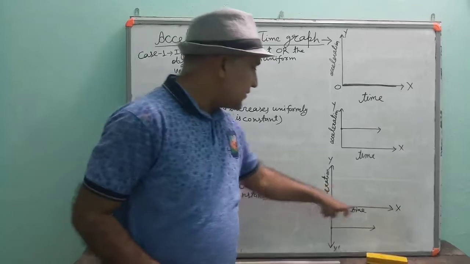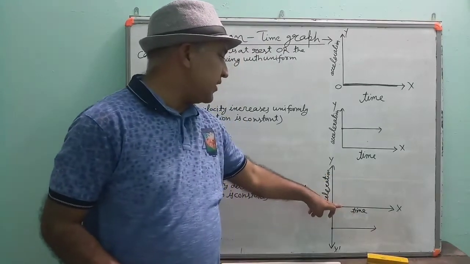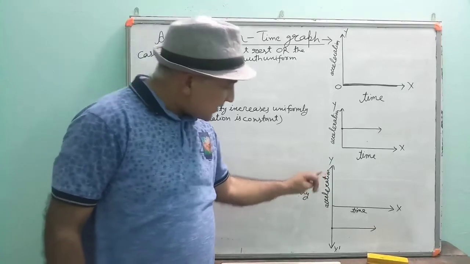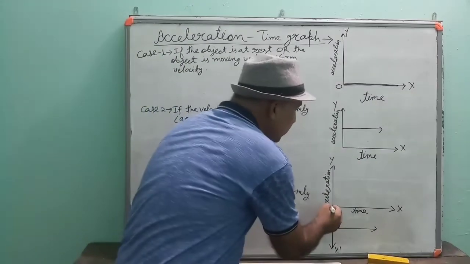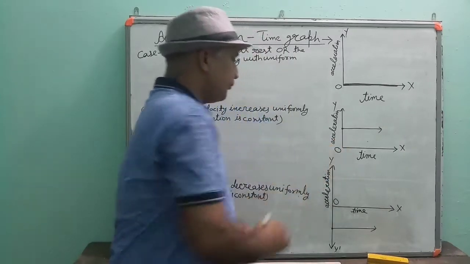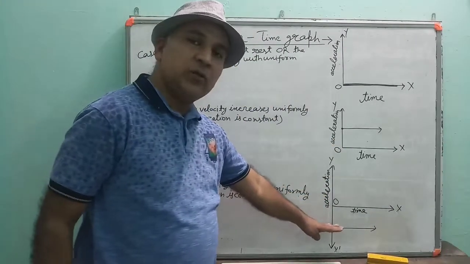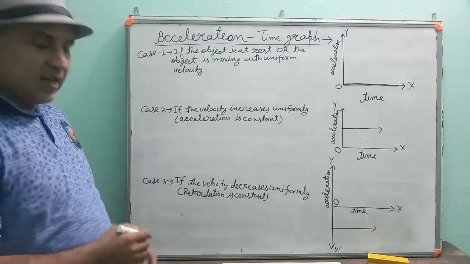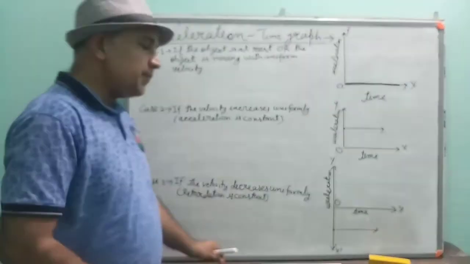Understood? The x-axis denotes time, and y denotes acceleration. Since acceleration is negative, we denote it below the origin, and the line will be parallel to the x-axis. So these are the three cases which you have seen.